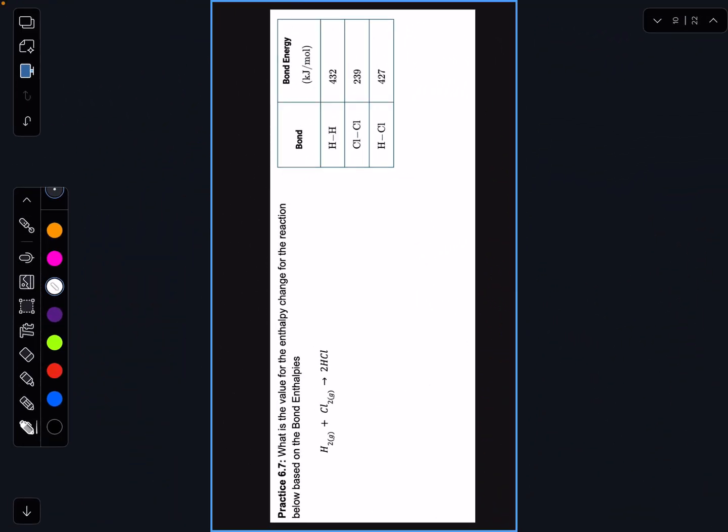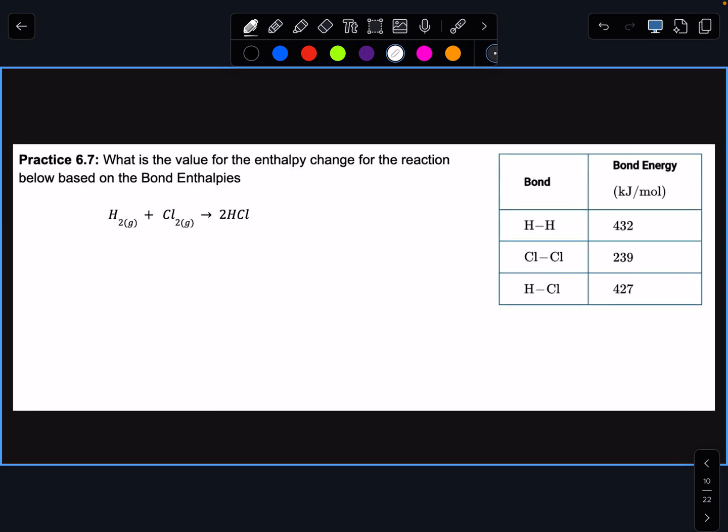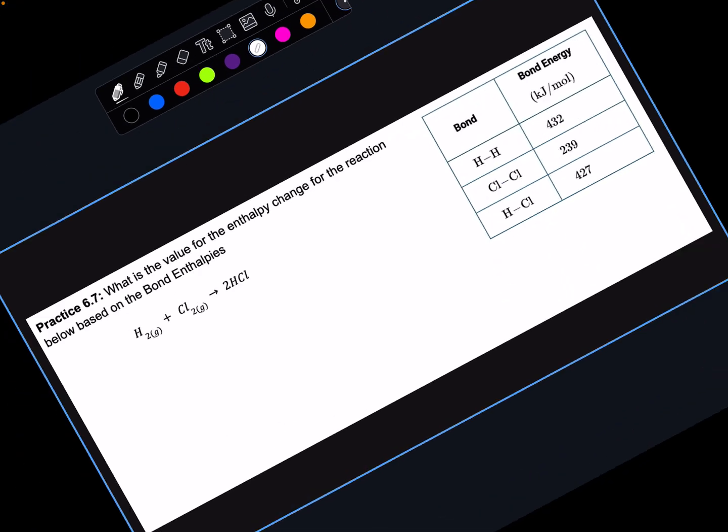Continue on, the rest of you. Not quite. Ah, the 2. There you go. So if I multiply it by 2, then that should be it. Yeah. Everything else looks good. Well done. Good job, guys.